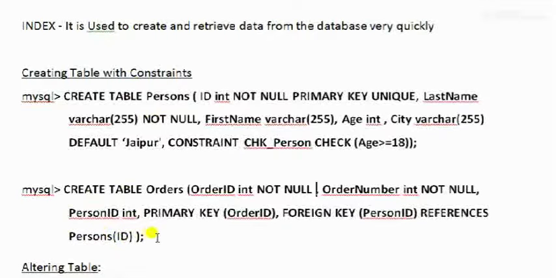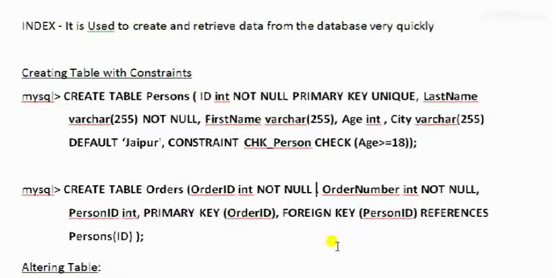So what does it make? The orders table becomes the child table of the parent table persons, where the field ID is getting connected with person ID of the orders table. Person ID of the orders table is getting connected with the ID of the persons table.